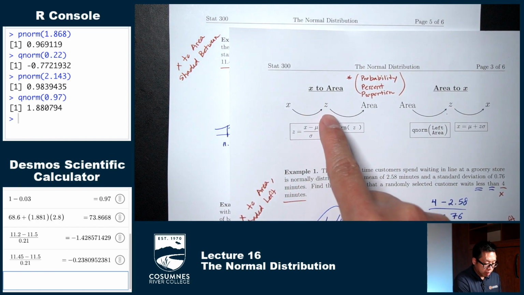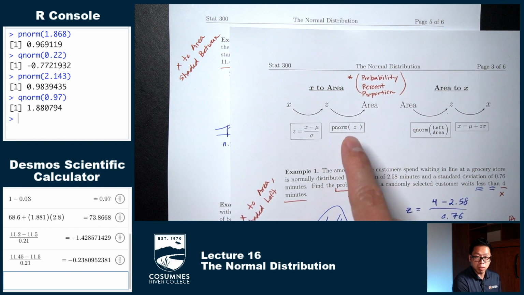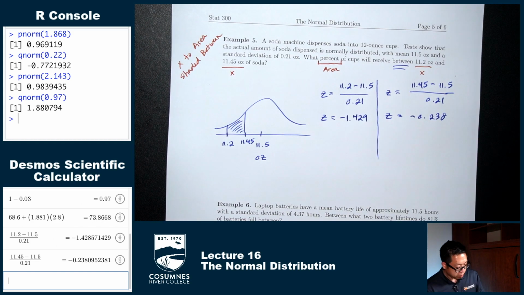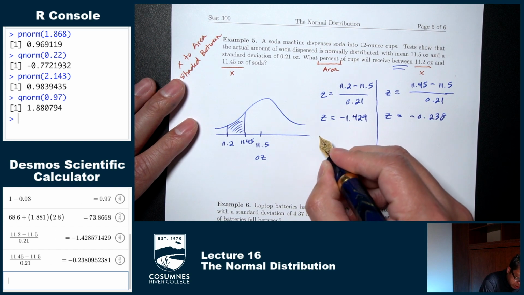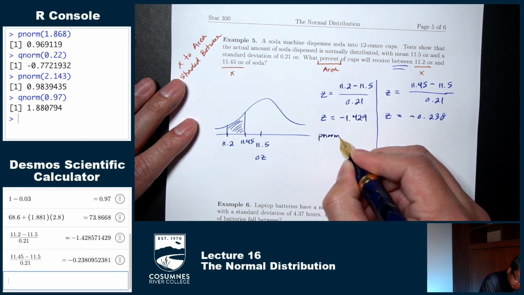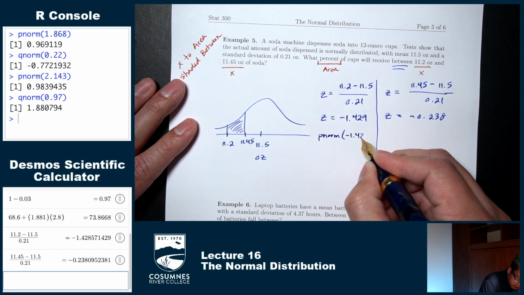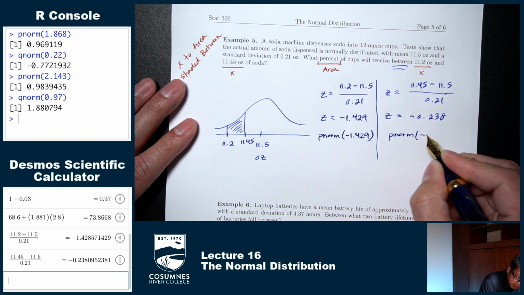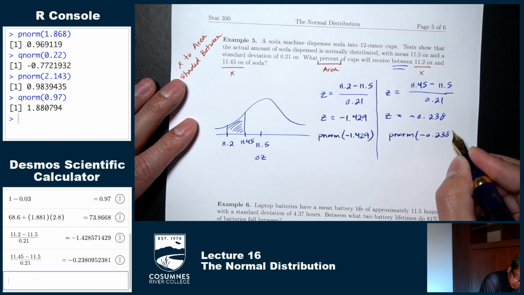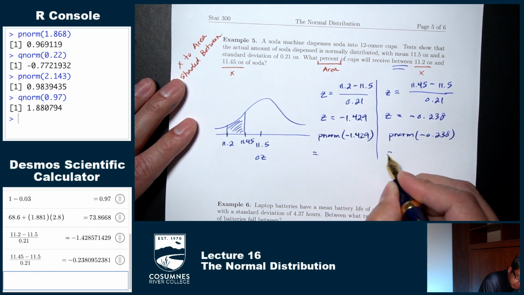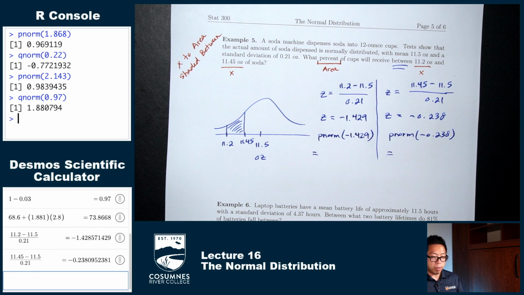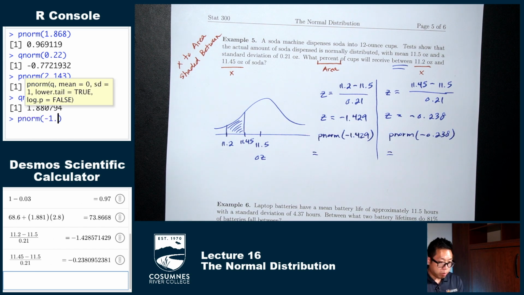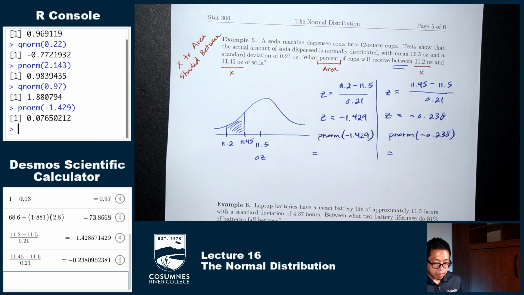Next step would be z to area by doing a p-norm. So we're going to p-norm both of those z's. So p-norm negative 1.429, and then also p-norm negative 0.238. All right, so in R, p-norm negative 1.429, 0.077.